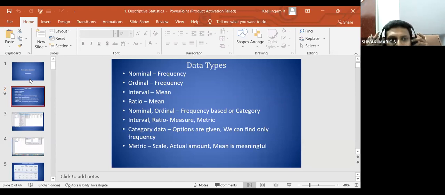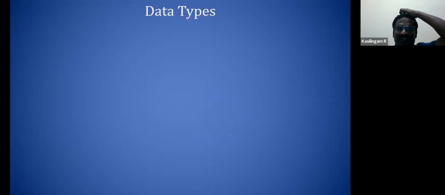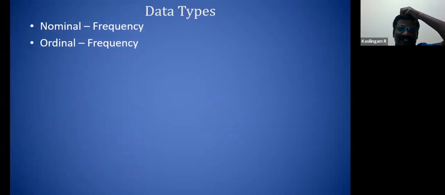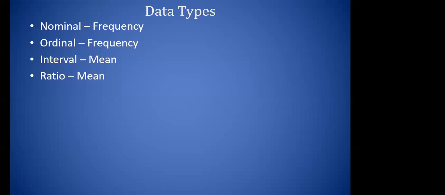Now, there are 4 types of data: nominal, ordinal, interval, and ratio. If it is nominal, frequency; when it is ordinal, frequency; when it is interval, mean; when it is ratio, mean. Correct, madam? Yes, sir.